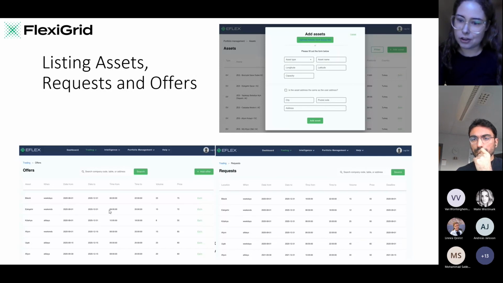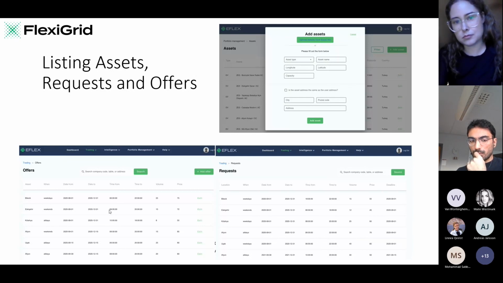Then we have another question in the comments section, which is: how do you verify that a domestic home has provided the flexibility that they have submitted? So we take the signal from the smart meter or IoT. We verify the profile that they normally provide, and at the time that they promised. So we use the detection, the IoT signal, and then the smart contract.